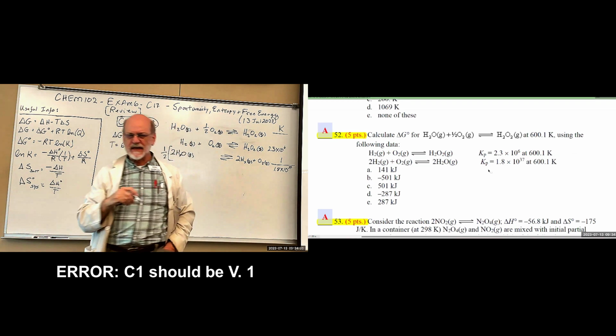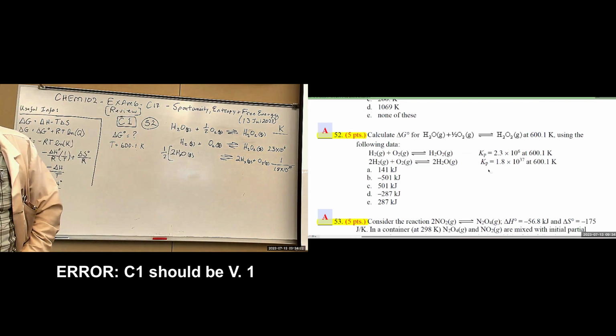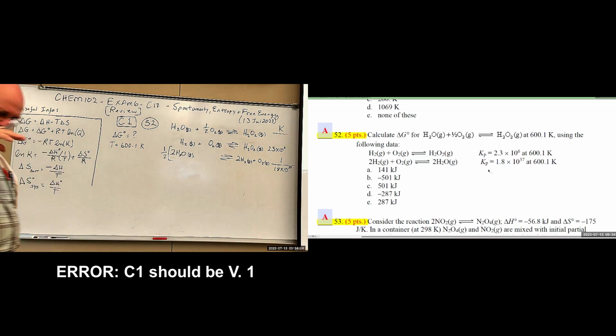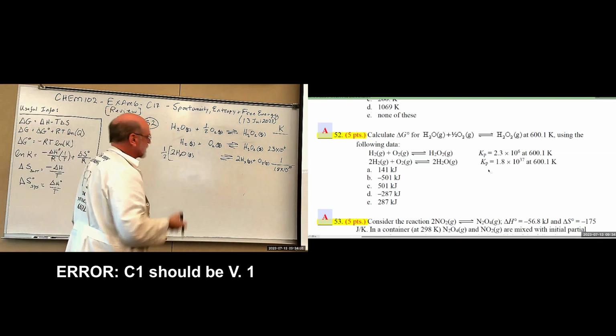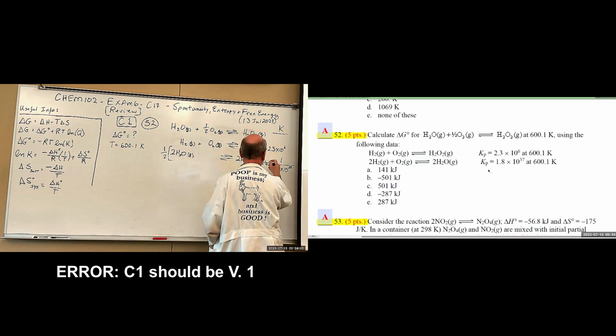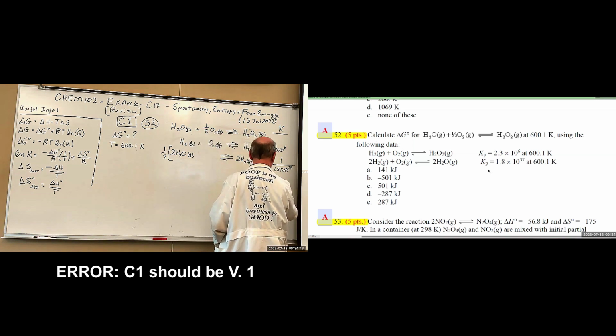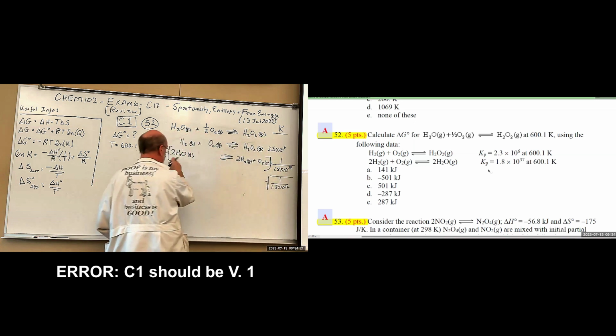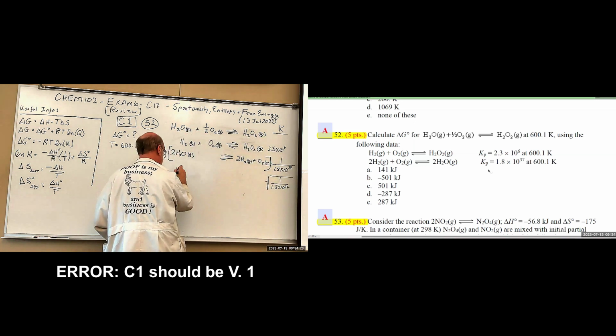What does that do to the K? If we take half of the K, that's square root, yes. So for this one down here, this is going to be the square root of 1 over 1.8 times 10 to the 37, which is the K for this reaction once we've adjusted it.